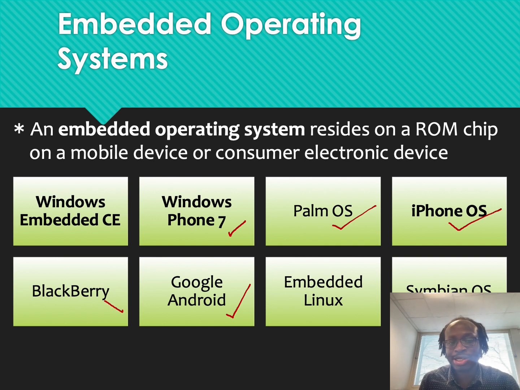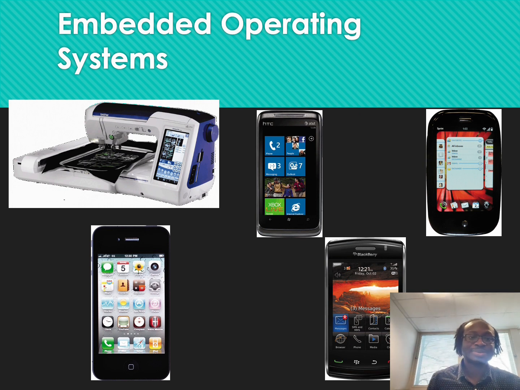BlackBerry, also older technology. And if you have used a Raspberry Pi before, you have used an embedded Linux, which is basically a lightweight version of Linux to run on a tiny computer that costs like £32 or $32. So some wide examples of embedded systems.